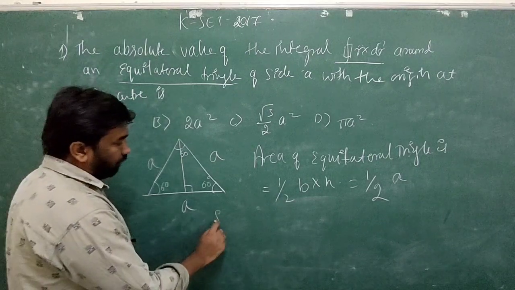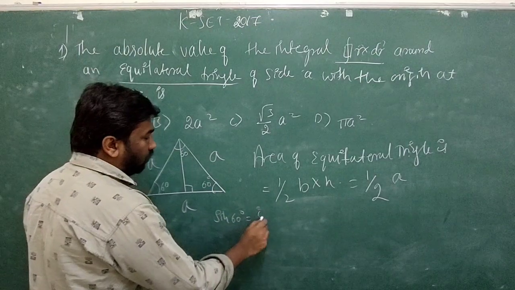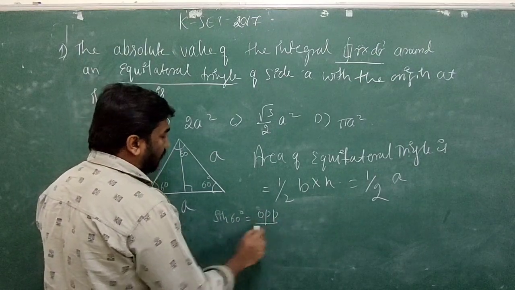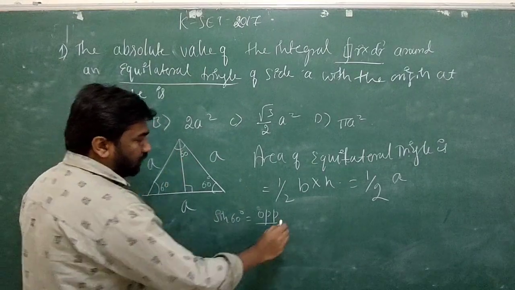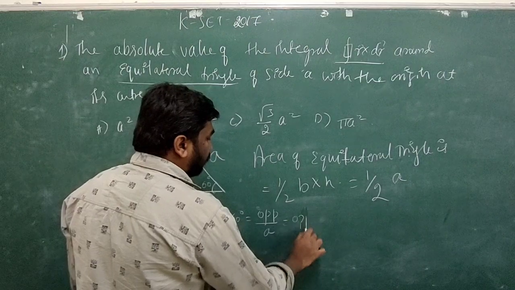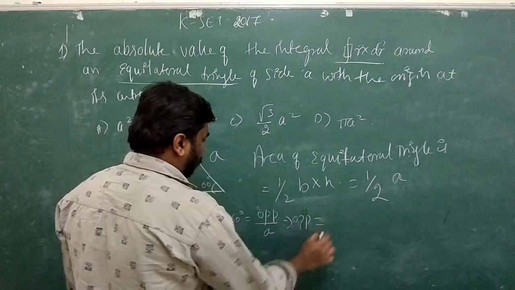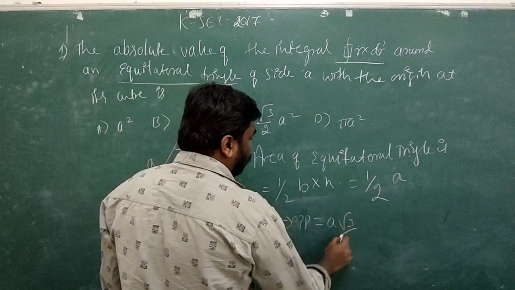We know that sine 60 degrees is equal to opposite by hypotenuse. Hypotenuse is A, so the opposite side is this one. Therefore the opposite side is equal to A into sine 60, which is root 3 by 2.